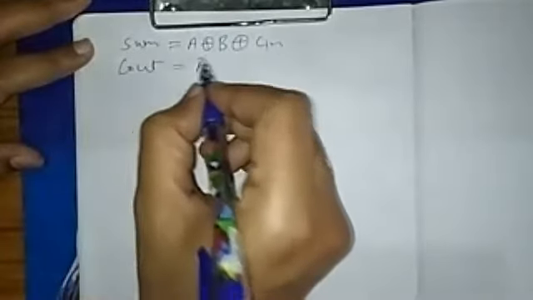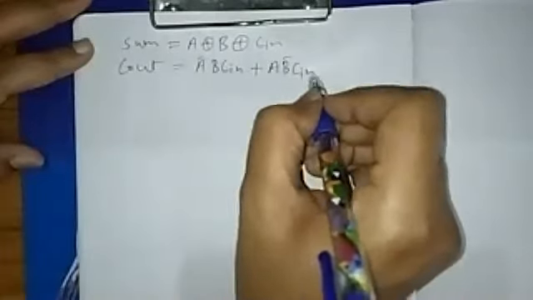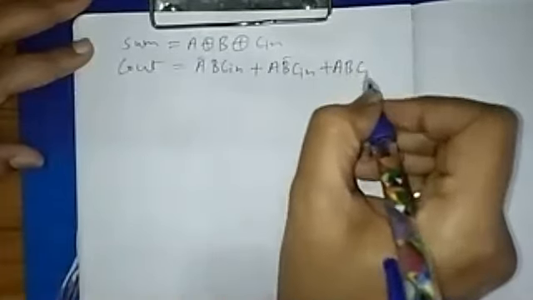Only C out we need to modify so that I can implement the full adder using 2 half adders. The sum expression will remain the same for the full adder, A XOR B XOR Cn. Now the C out expression we have is A bar B Cn plus A B bar Cn plus A B Cn bar.